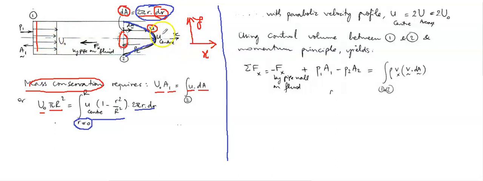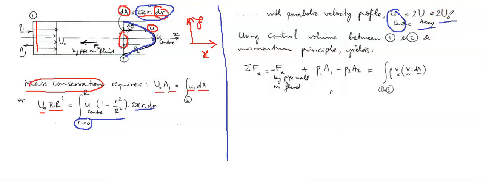That means this u will be just 2 times this initial free stream velocity. That's actually the theory. If it satisfies this condition, then we can say the profile is parabolic or fully developed. So with the parabolic velocity profile, the velocity at the center u is 2 times u0. Right, so we need to use that.